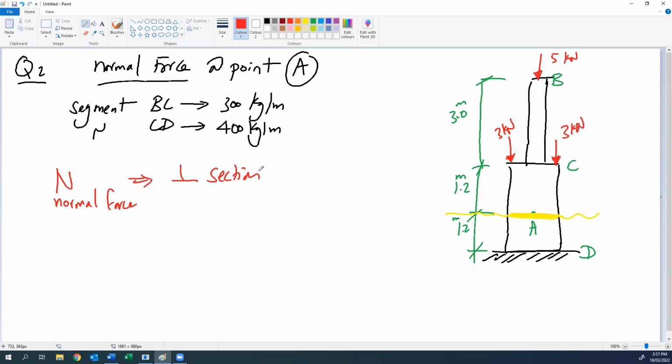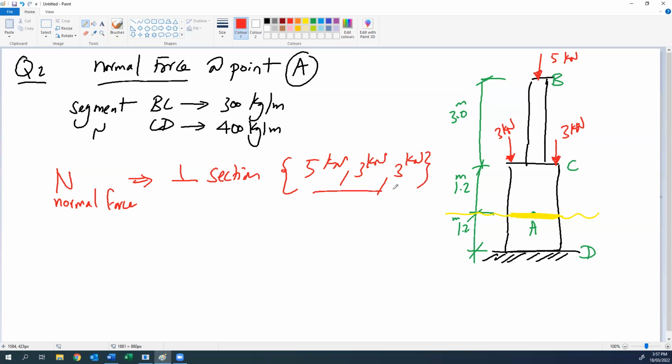Do you have an answer? Yes. We have 5 kilonewton going down, 3 kilonewton going down, 3 kilonewton going down. All these three forces are perpendicular forces on the section at A. So theoretically, we have 5 kilonewton, 3 kilonewton, 3 kilonewton.